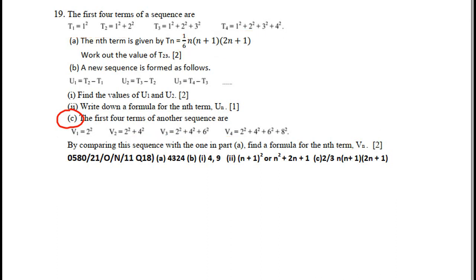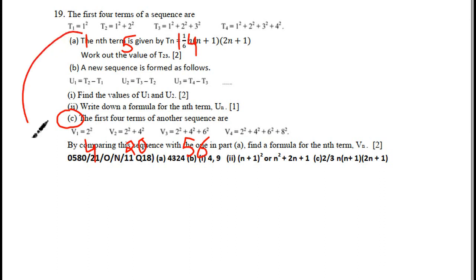Alright, so 1 square is 1, here 2 square is 4, so 1 is changing into 4. Then 1 square plus 2 square is 5, and here 2 square plus 4 square is 20. So 5 is changing into 20. Next, this number will be 14, and this number will be 56, and so on.